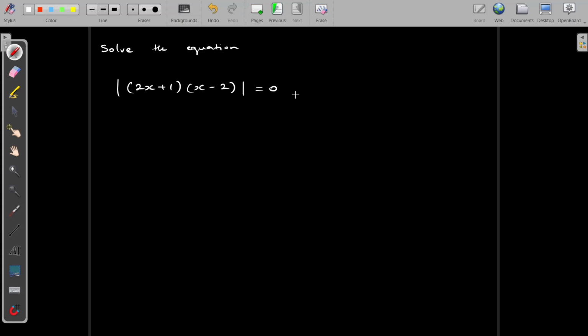This can be represented as the modulus of individual factors. So we're taking the modulus of two things being multiplied.